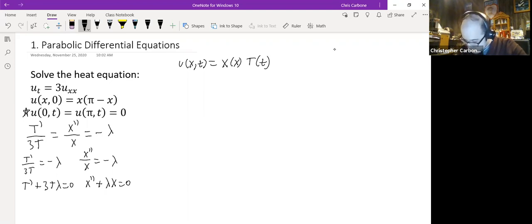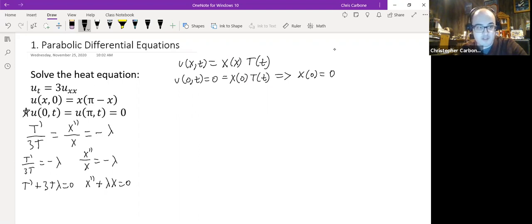And we could now apply this boundary condition, so u of 0 comma t. This is, of course, equal to 0 based upon the condition, which means that we have x being 0 in here, so x of 0 times t of t. So that specifically means that x of 0 is going to be equal to 0, since we have t being some number.